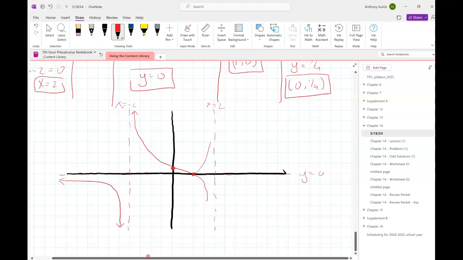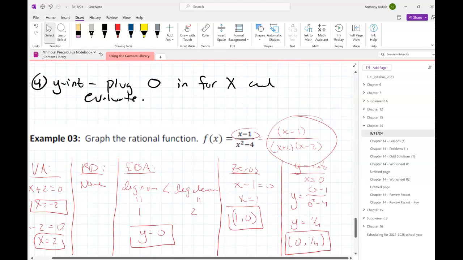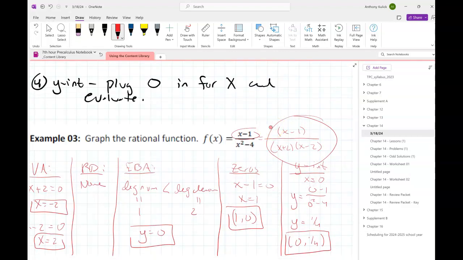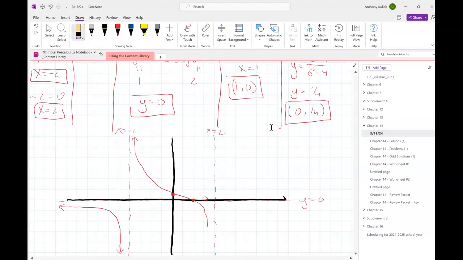What am I going to do? I'm going to pick a test value, say positive 1.5, and see if I get a positive or negative value. If I plug in 1.5, I get positive on top, positive times negative, so positive over negative is negative. So that piece must look like that.